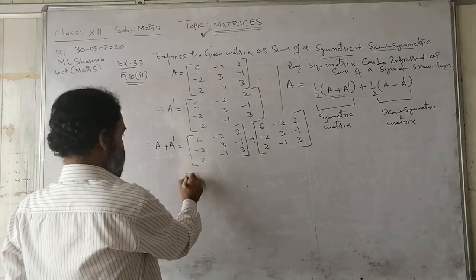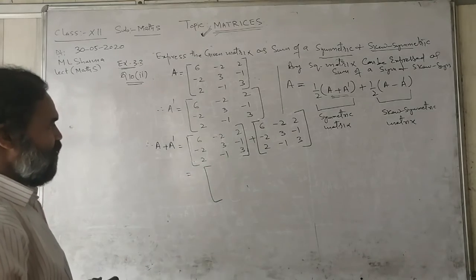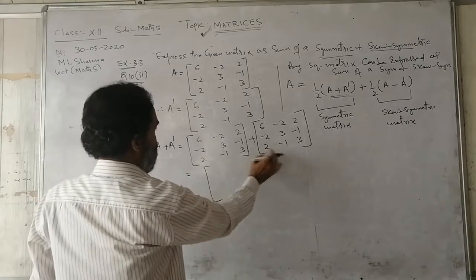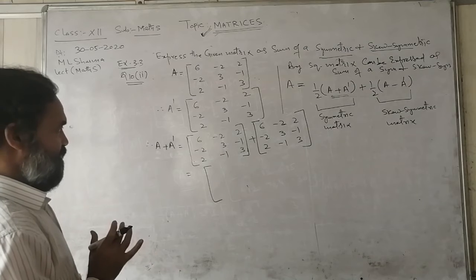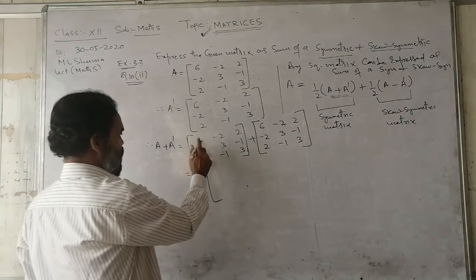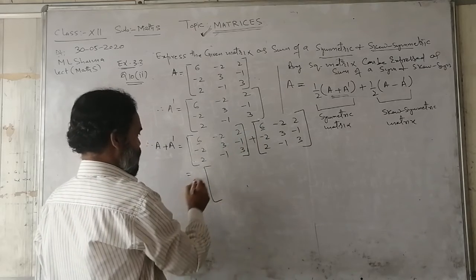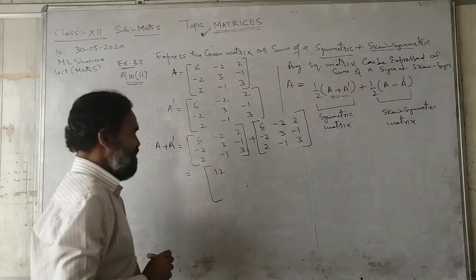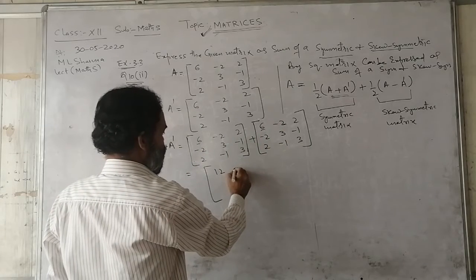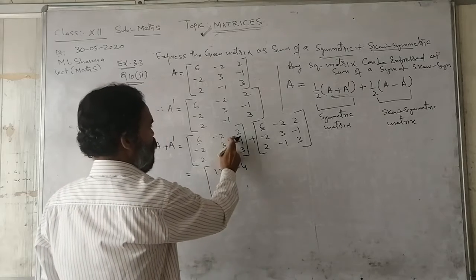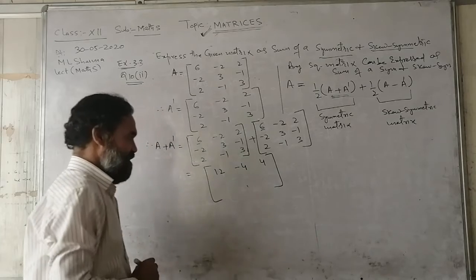So addition, I will have to add these two matrices. Both are of the same order. So in addition of matrices, we add the corresponding elements. So this element is having this corresponding element. So 6 plus 6, I can write 12 here, and -2 plus -2, so -4 here. 2 plus 2, 4 here.